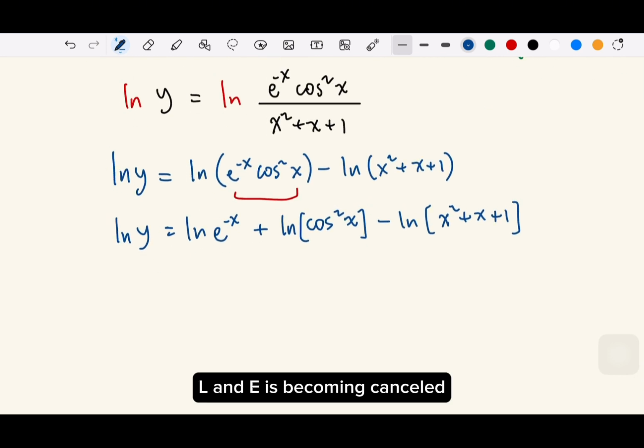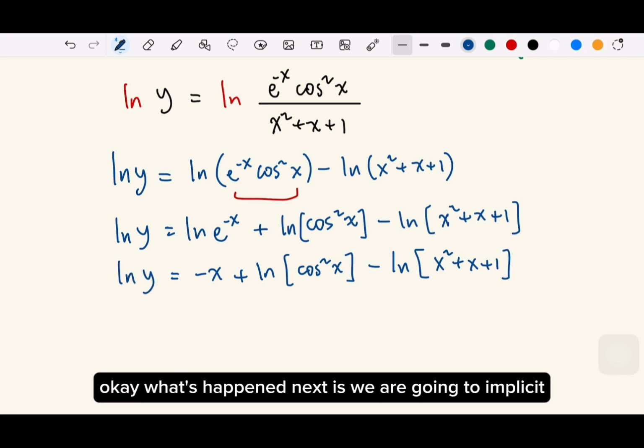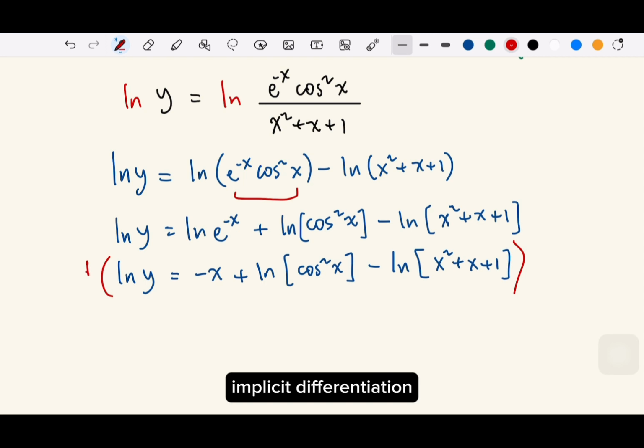Ln e is becoming cancelled, so this will be negative x plus ln. Okay, what's happened next is we are going to use implicit differentiation.